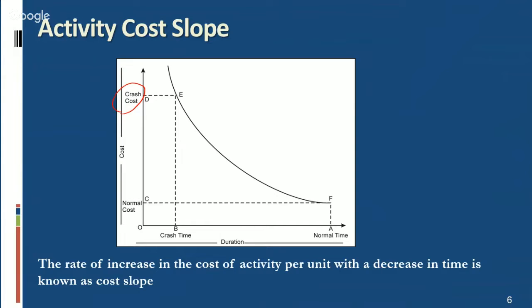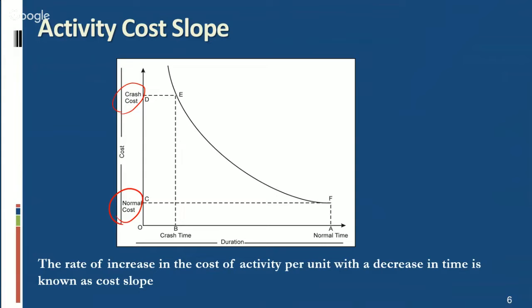Now, what is crash time? Crash time is the minimum time required to complete an activity. Now, normal cost. Normal cost is the lowest possible direct cost required to complete an activity. Normal time.